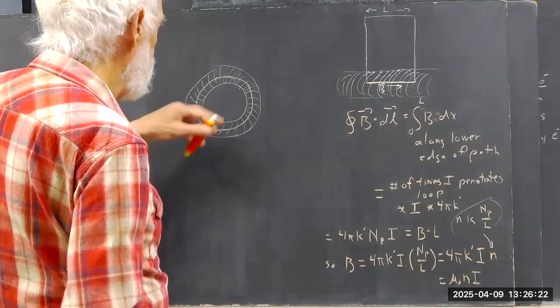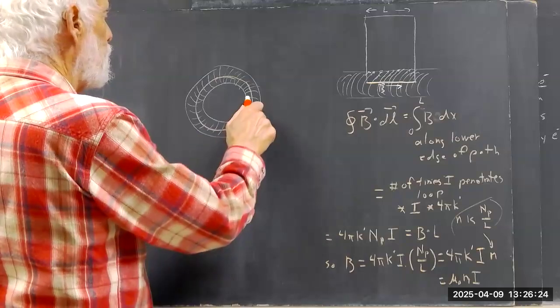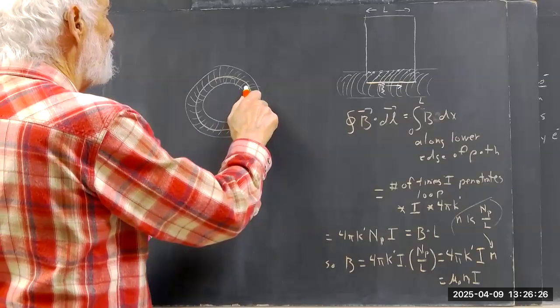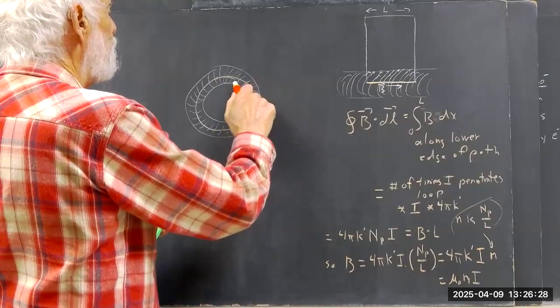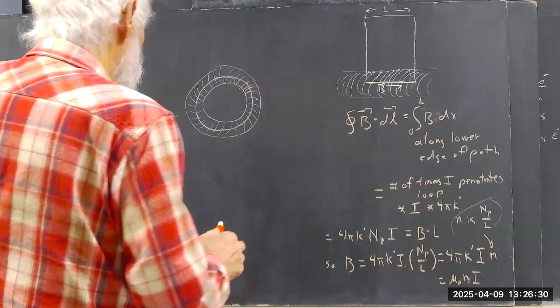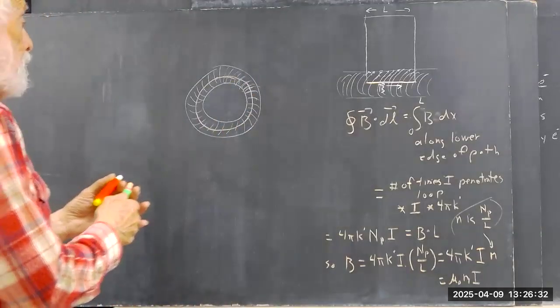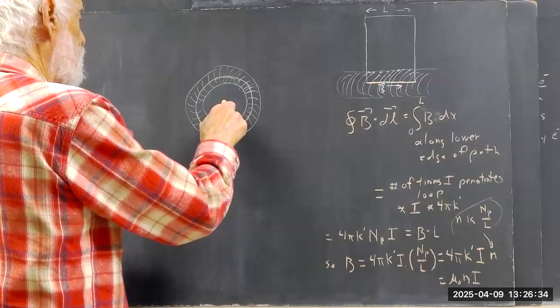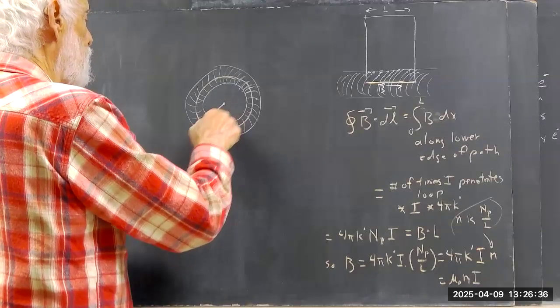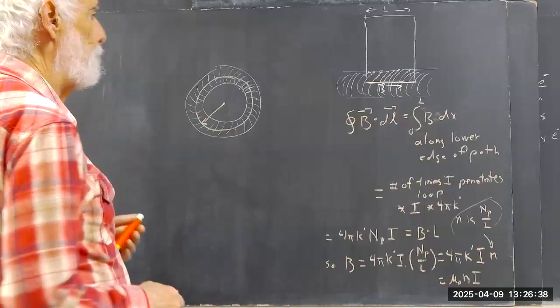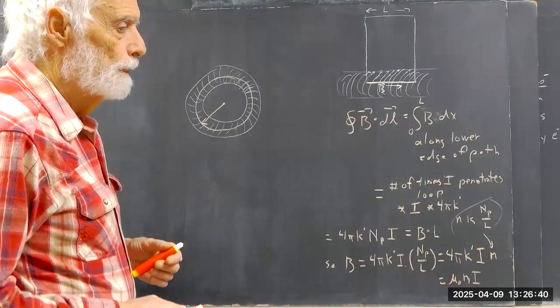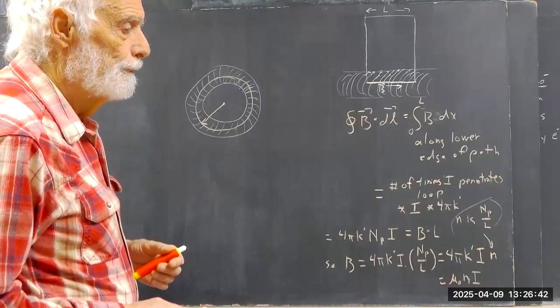Probably should have drawn that path before I do these loops so you could see that the wires go over the top, but I don't think that's going to be all that visible anyhow. And you can understand it. And that loop is going to have radius, big R or little r.